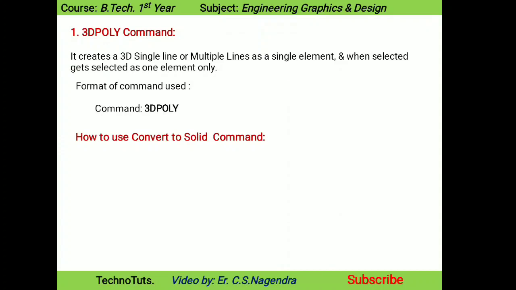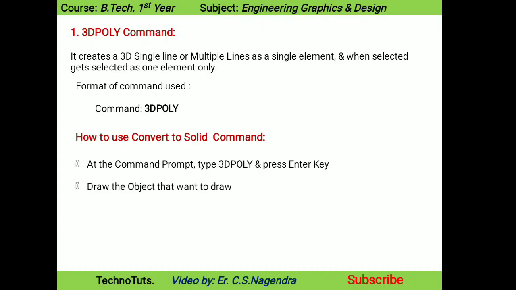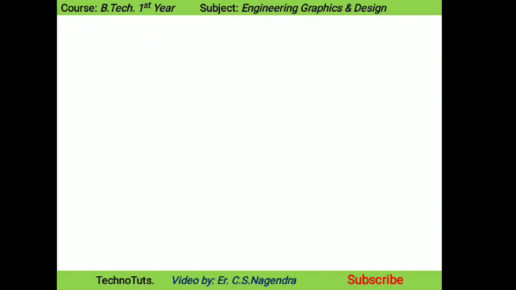Now how to use it: at the command prompt type 3D poly and press enter key. Now draw the object that you want to draw. Okay students, suppose you are going to draw a rectangle, whether by line command or by rectangle command. If you are using 3D poly command, that means you have to use line command only. 3D poly means continuous polylines.